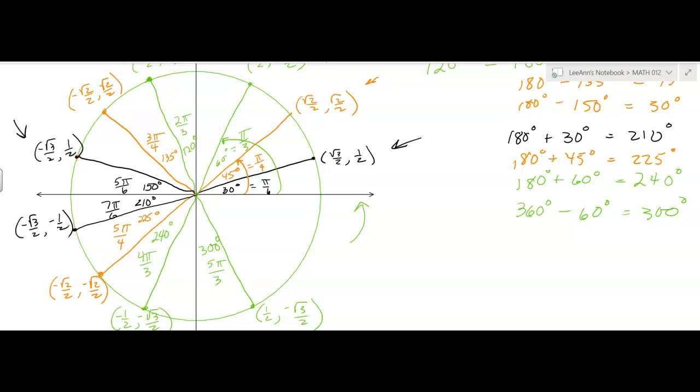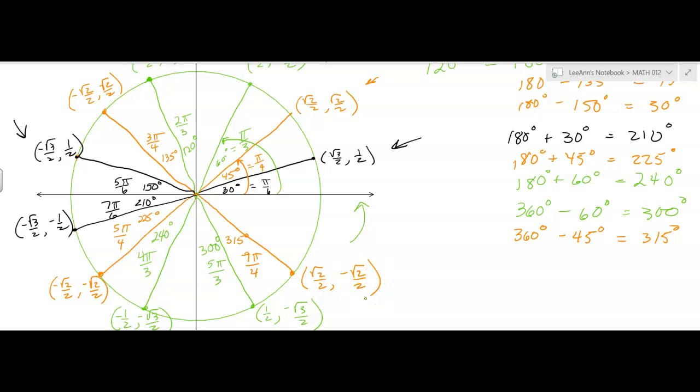All right, next one is going to be right here, which is going to be 360 minus 45 degrees, which is going to be 315, or 7 pi over 4. And it's going to have a reference angle of 45 degrees. So positive x square root 2 over 2, negative y square root 2 over 2.